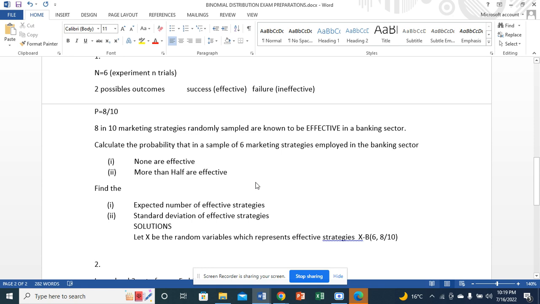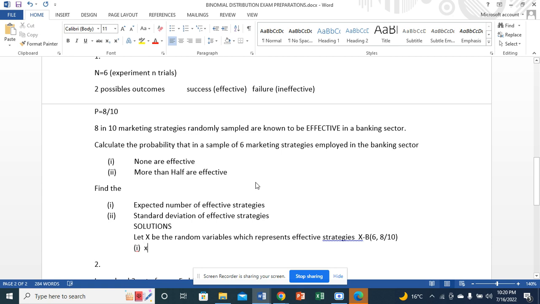Question 1 asks us to calculate the probability that in a sample of 6 marketing strategies, none are effective. Remember, small letter x represents the number of successes.